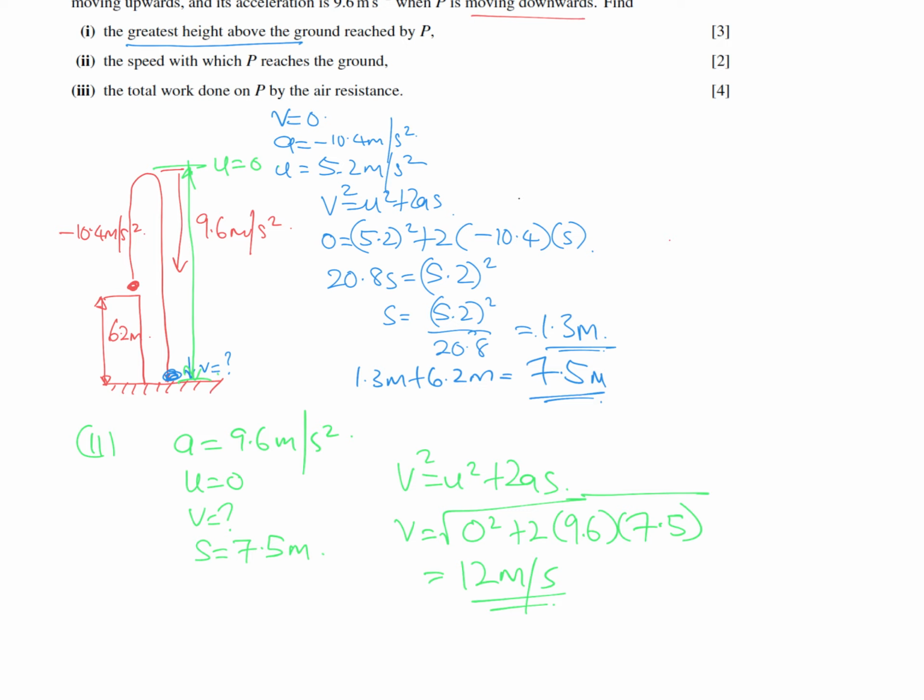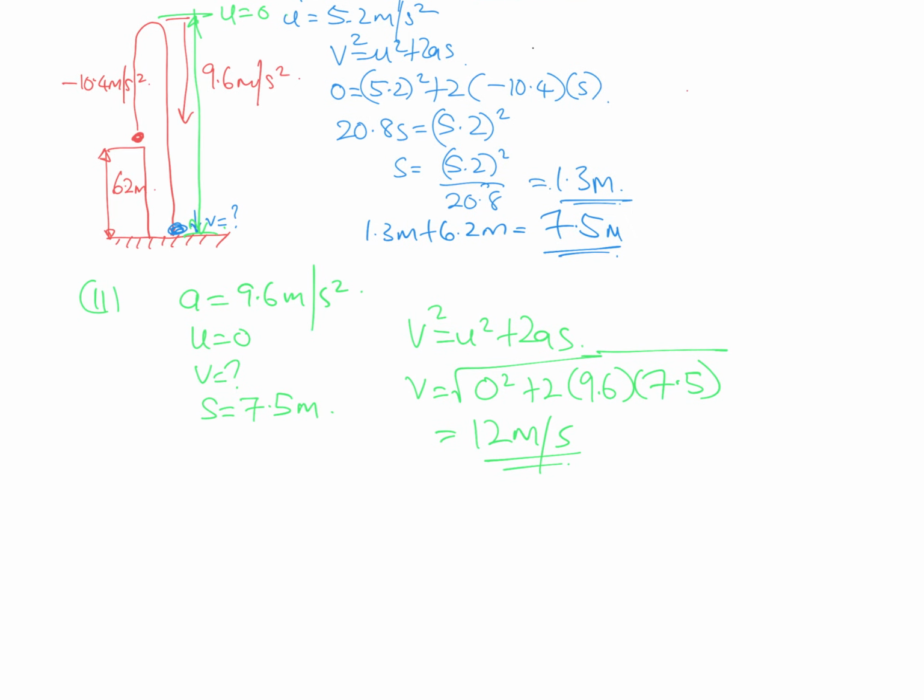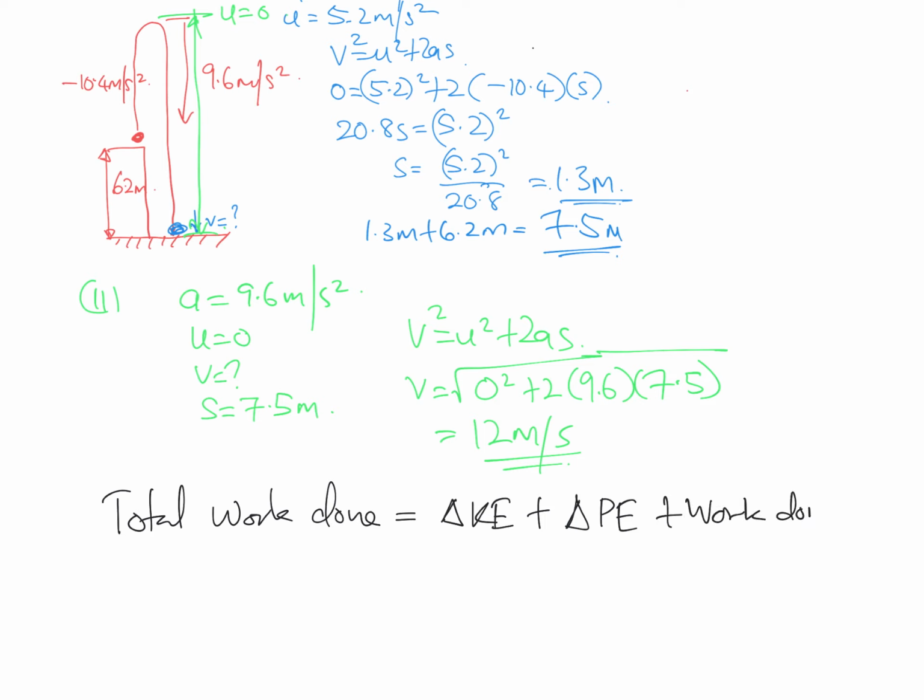Since there's air resistance, the total work done is equal to the change in KE plus the change in PE plus the work done against the resistance. Okay, let's find this.